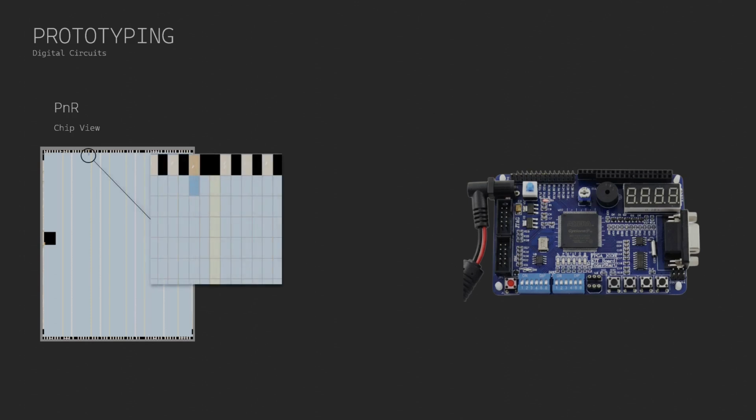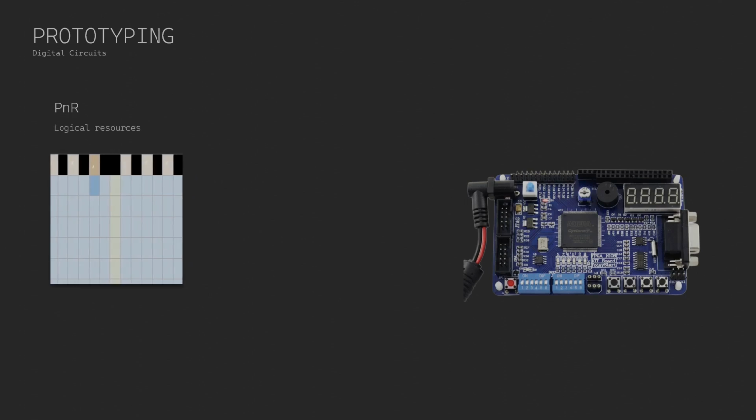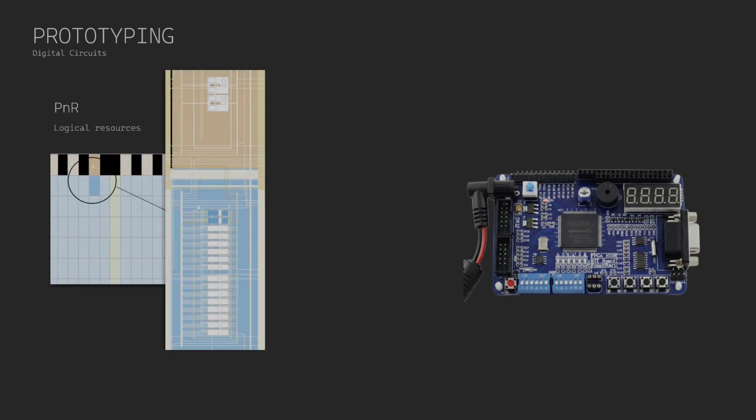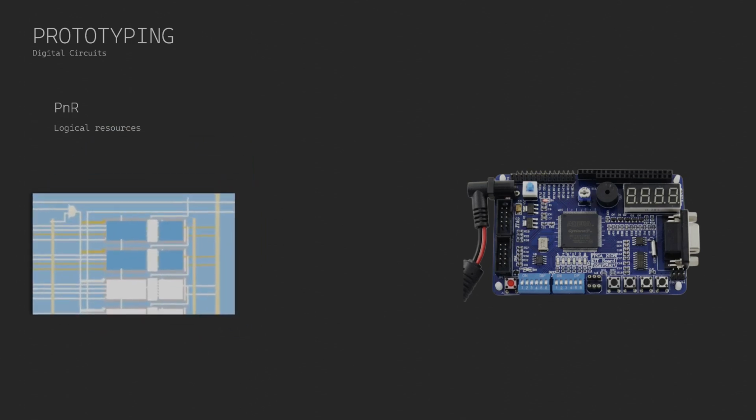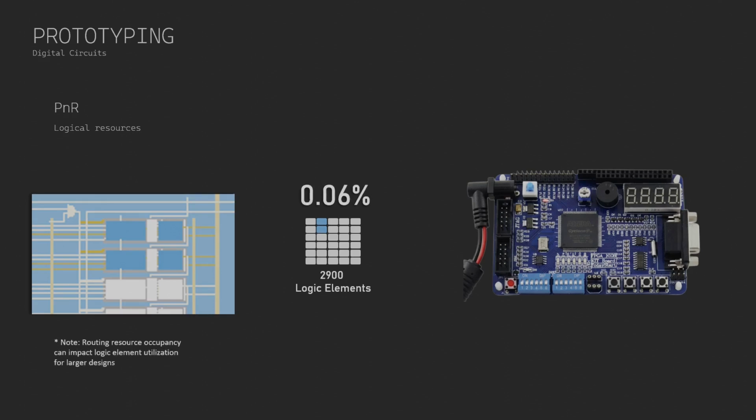As we zoom into this layout, we can see the logic resources, or logic elements, and also the routing resources that connect these resources. Here we can see that among the thousands of logic elements, approximately 2,900, our counter design just occupied 2 logic elements, and this is around 0.06% of the total logic elements for this family of FPGA.